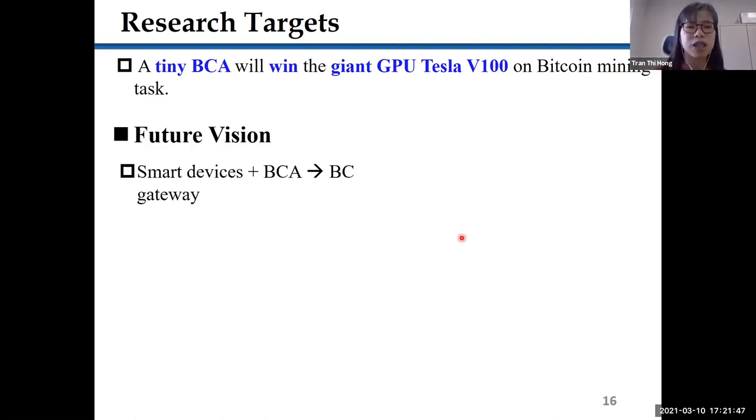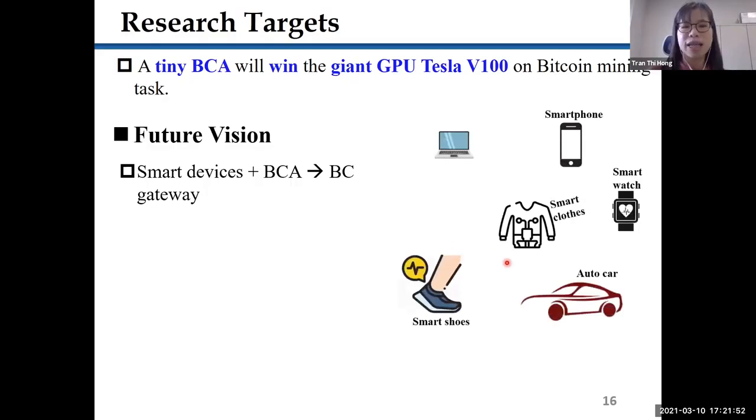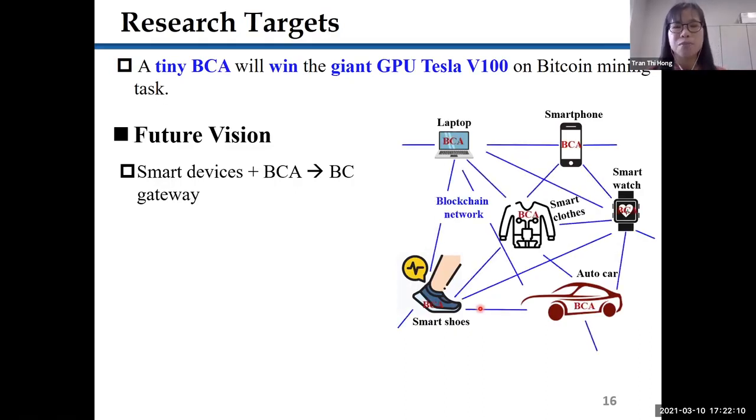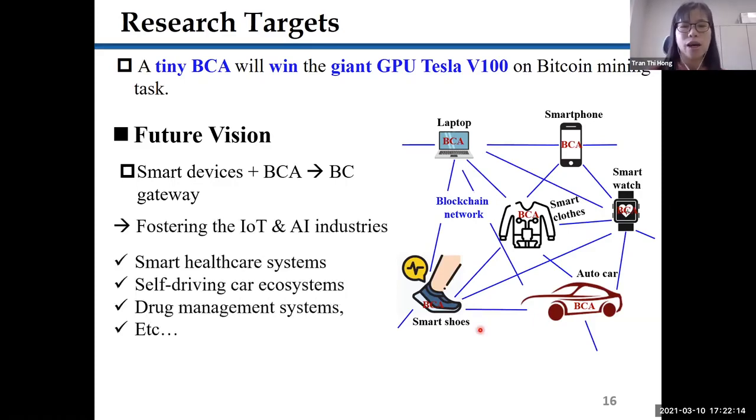For the future vision, with the BCA, we hope that smart devices like self-driving cars, smart clothes, smart watches, smartphones, smart shoes, and a lot of smart but power-constrained devices can use the BCA to become a blockchain gateway to participate in and help secure the blockchain network. It can also help foster the IoT and AI industry.